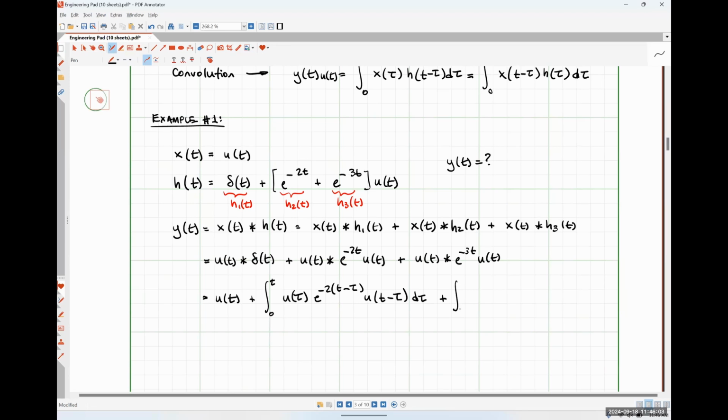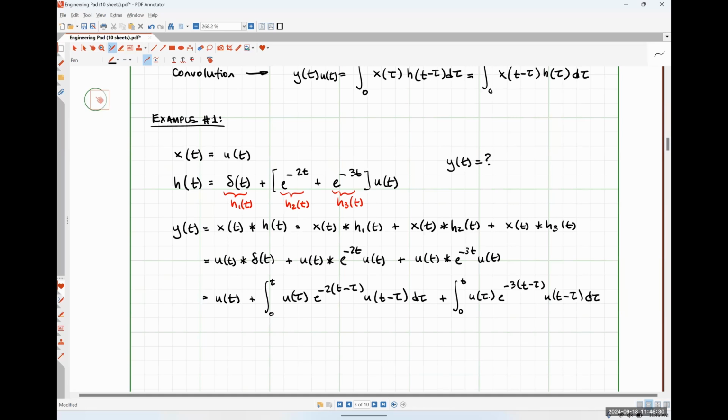That's going to be another integral from 0 to t of u of tau, and simply substituting in t minus tau everywhere I saw t previously, this will be e to the minus 3 times t minus tau, u of t minus tau, d tau. So we have this big, ugly thing.